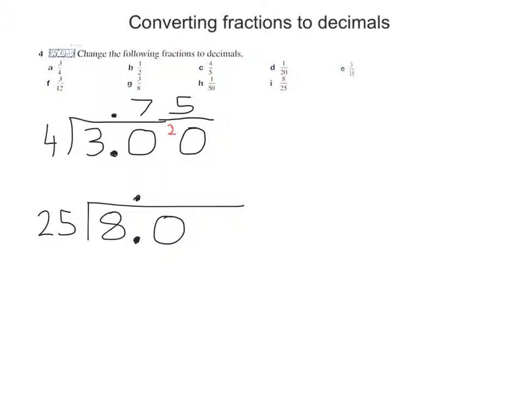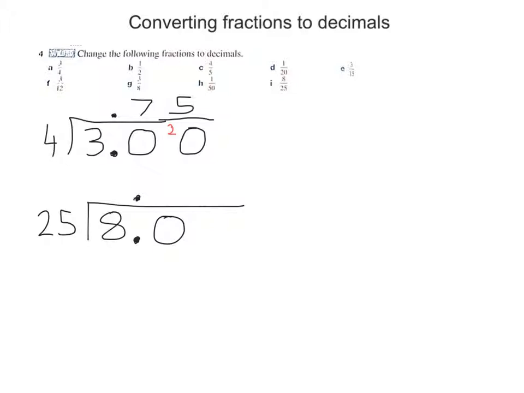So the question we're asking is, how many groups of 25 go into the number 8? It can't. So now we ask, how many groups of 25 go into the number 80? Remember, don't treat this as 8.0. Treat it as the number 80. So we know that 25 goes into 50 twice.